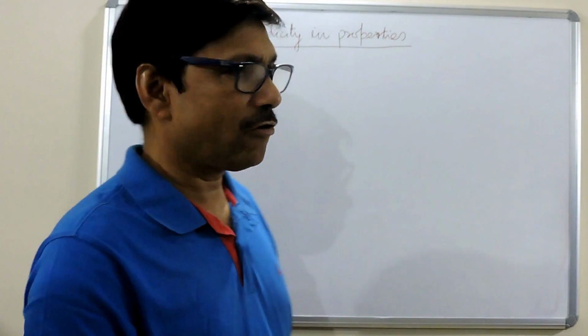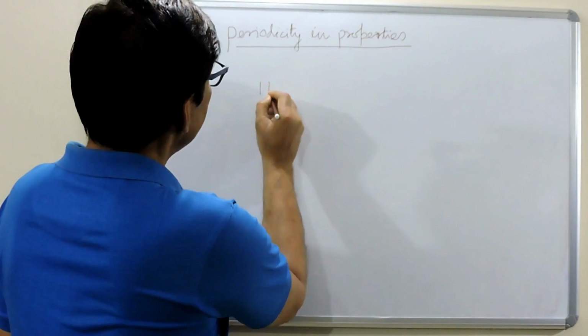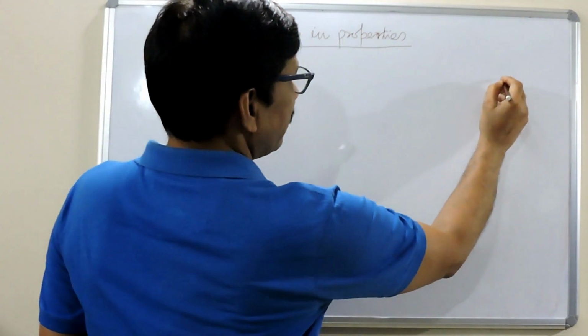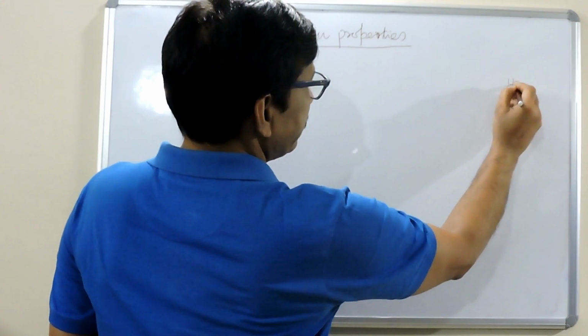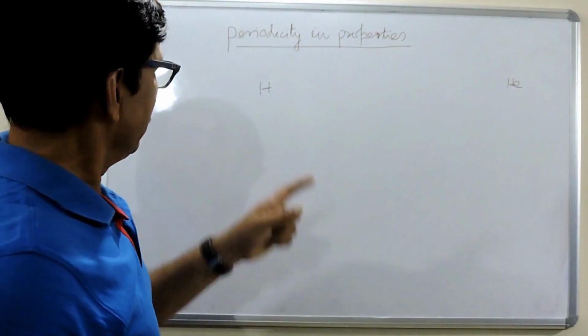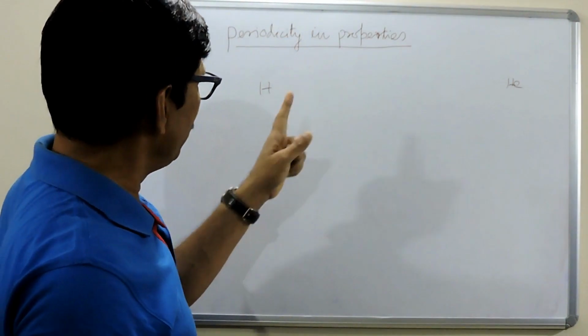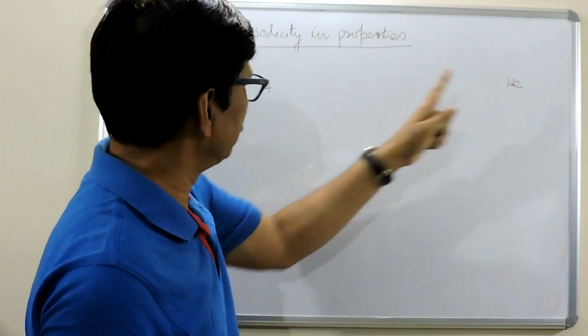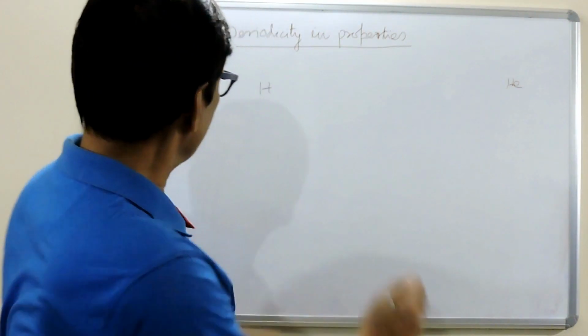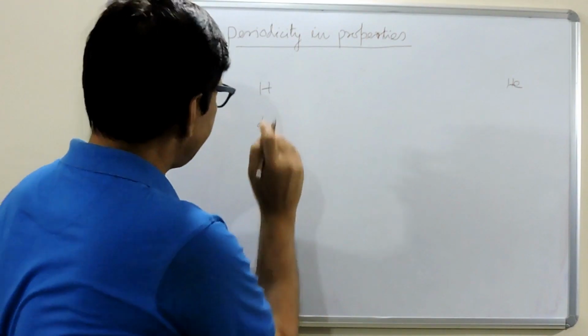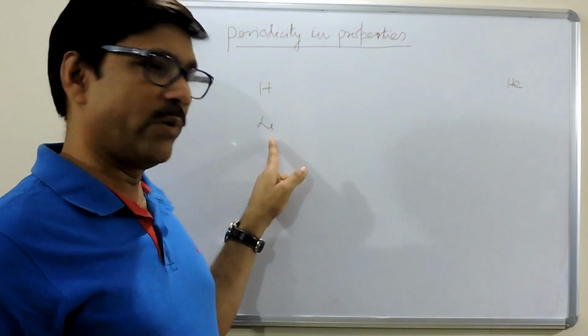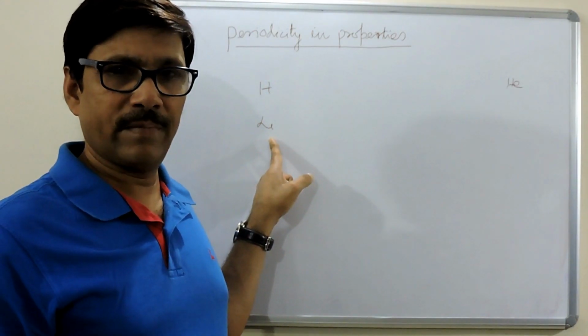When we start from hydrogen, then helium comes here. After an interval of two elements, hydrogen and helium, 1, 2, lithium will repeat the property of hydrogen.